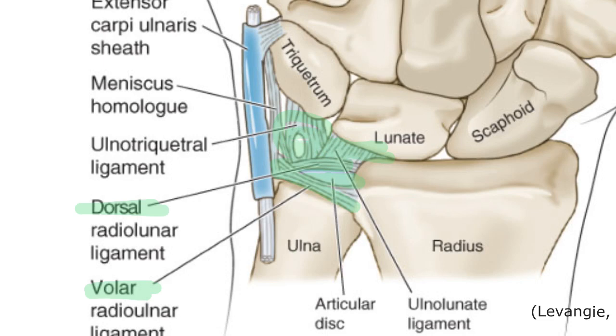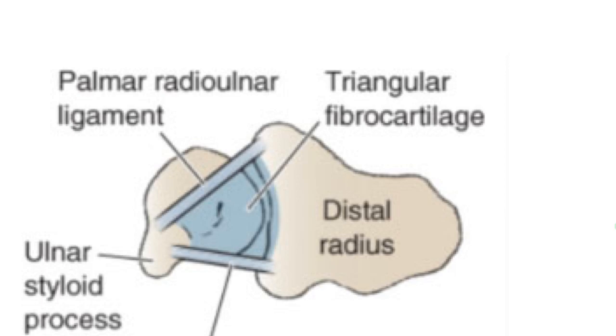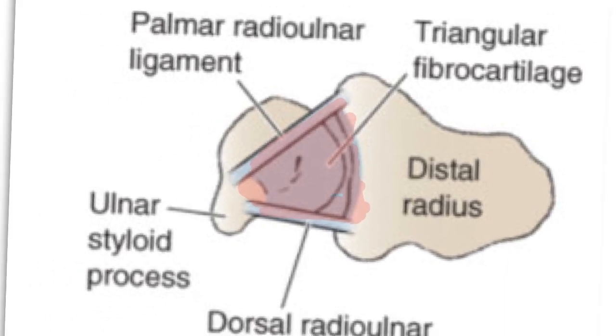So really, when you look at this, one way to think about this is you have the radius, and think about this TFCC almost as an extension of the radius to bridge the radius with the carpal bones and to cushion in that area here. But this is a nice visual to look at the TFCC and see how it's triangular in shape.